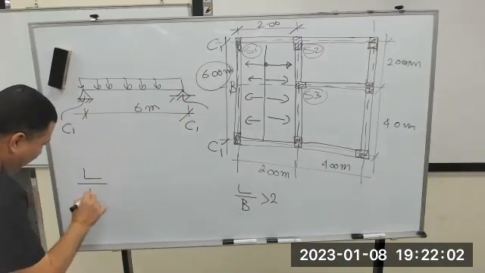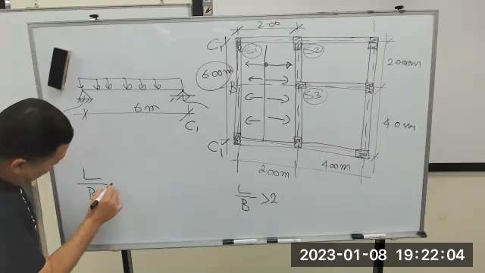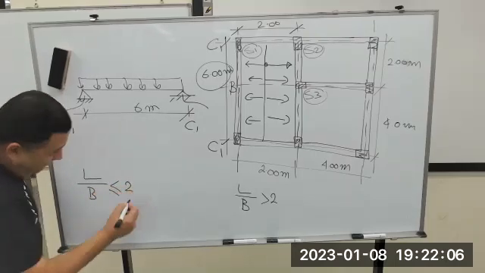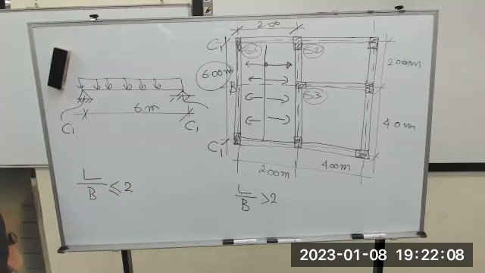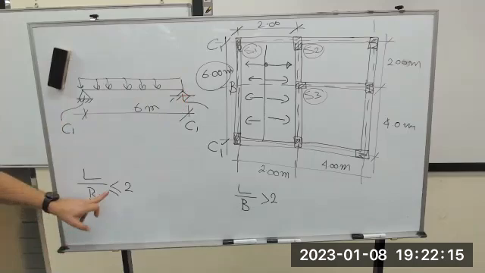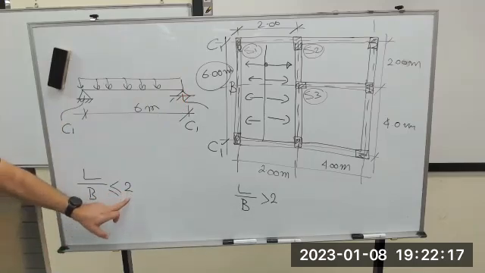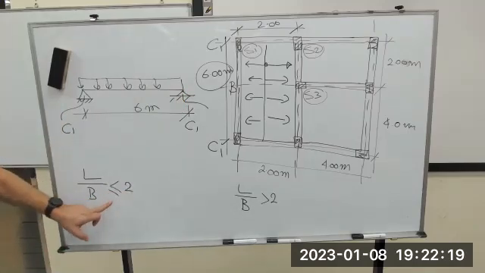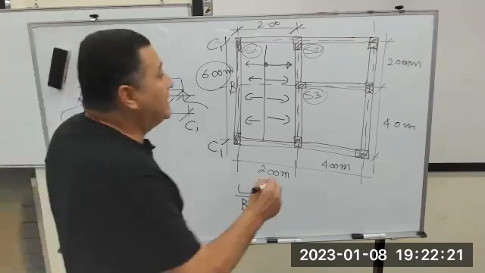L over LB less than or equal to 2, then it is what? 2 is less. If L over LB is equal to or less than 2... equal to. But this case is what?